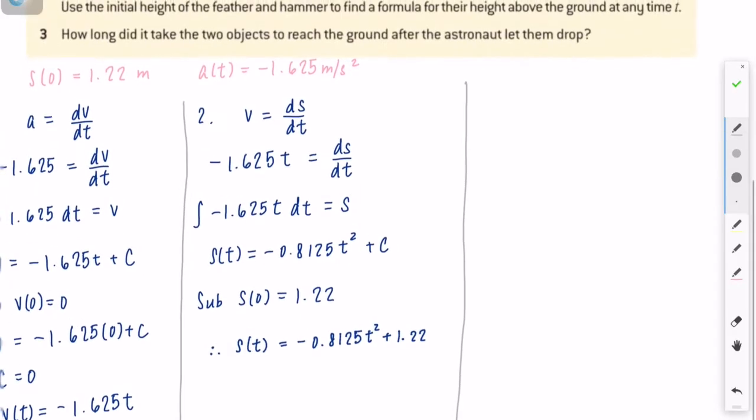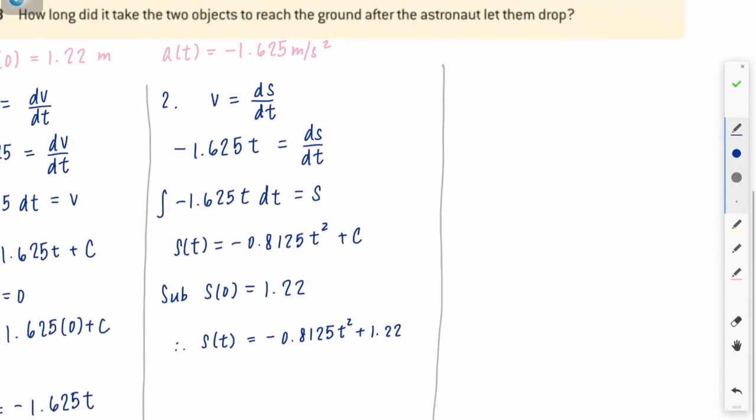Okay, lastly, number 3, how long did it take the two objects to reach the ground after the astronaut let them drop? So number 3 calls for the time when the height or position is 0. Okay, so we're going to solve this equation.